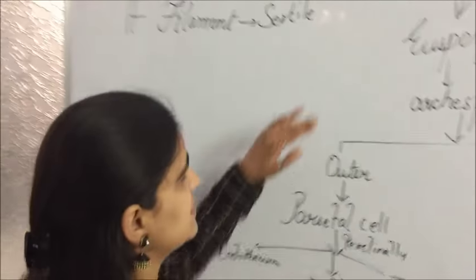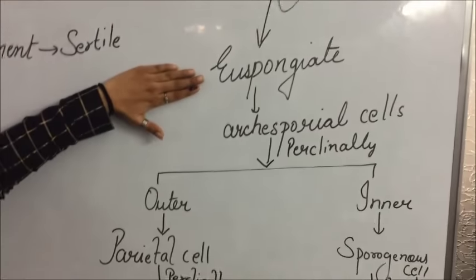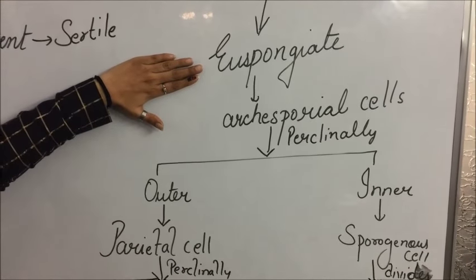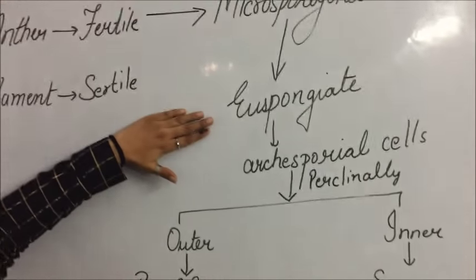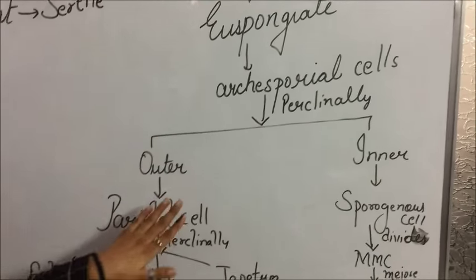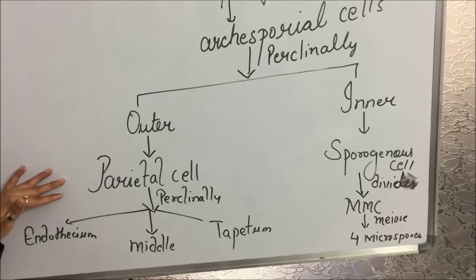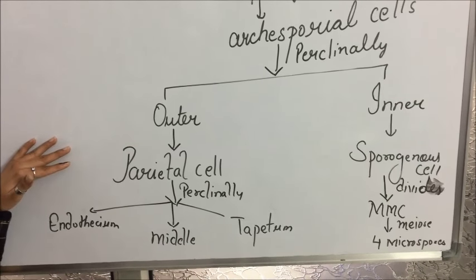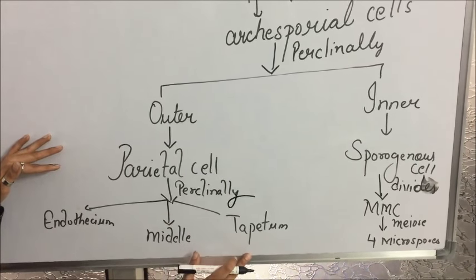I will again repeat, microsporogenesis is a eusporangiate type. Eusporangiate type means anything in bio which starts from archesporial cells or initials. Archesporial cells first divide periclinally into outer and inner layers. The outer layer forms parietal cells, and these divide periclinally and form three layers: endothecium, middle and tapetum.